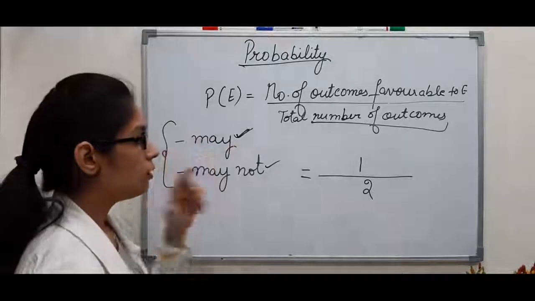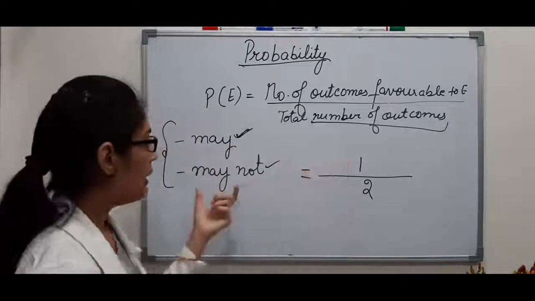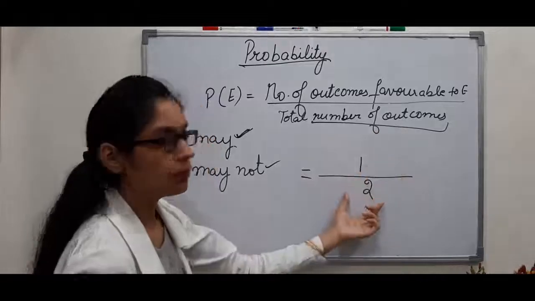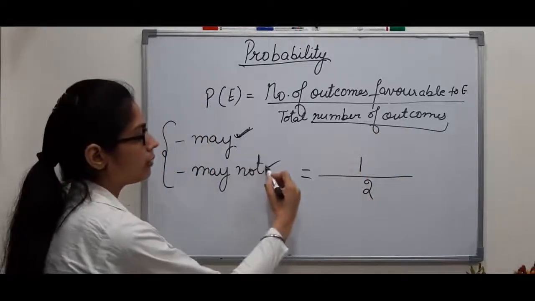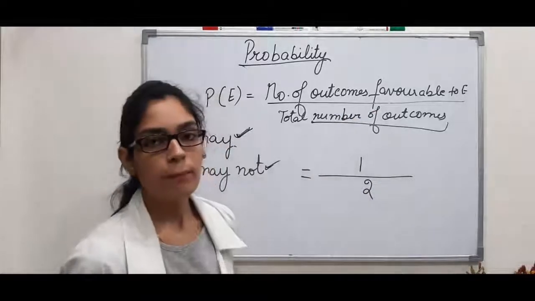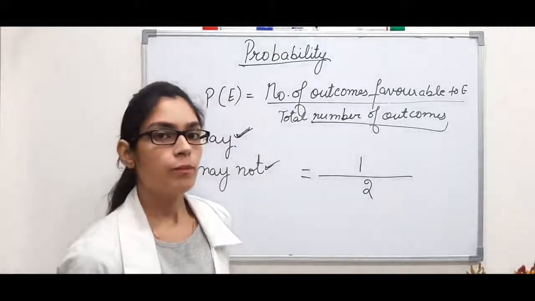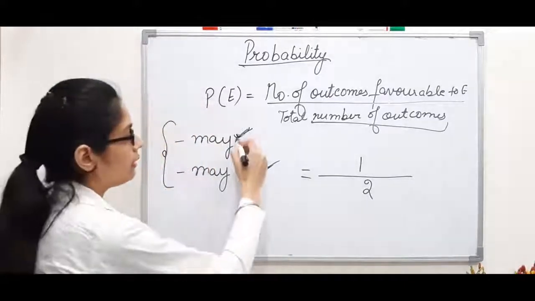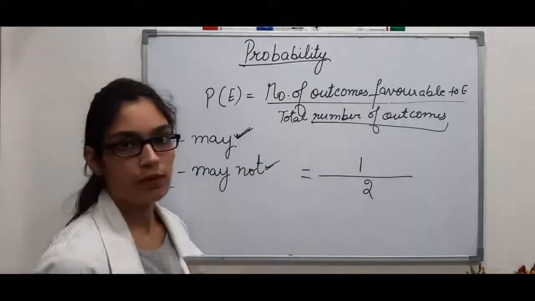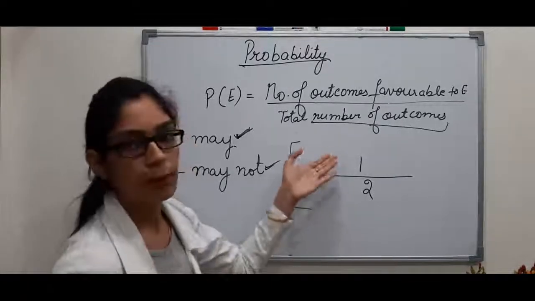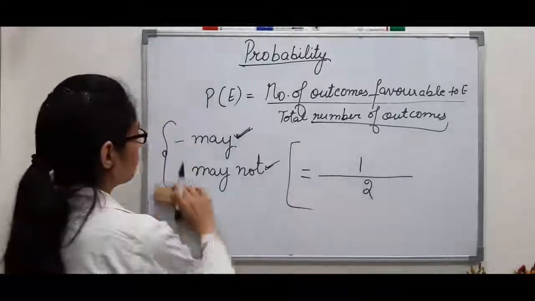So this one chance is there and 1 is for the other. So total number of outcomes, total were 2. It may and it may not. But the event I am talking about is, will it rain? What is the probability of raining? So for raining, I have 1 favorable outcome. So the probability of raining today will be 1 by 2.